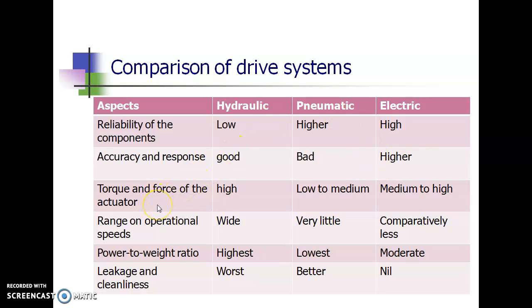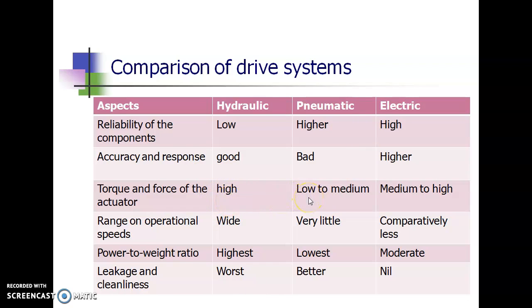We are considering the torque and force of the actuator. Obviously, the hydraulic system has very high torque and force because it develops a lot of pressure, and this pressure is converted into force or torque. So a high force or high torque can be achieved in the hydraulic system. That is why the torque and force of the actuator is high here.